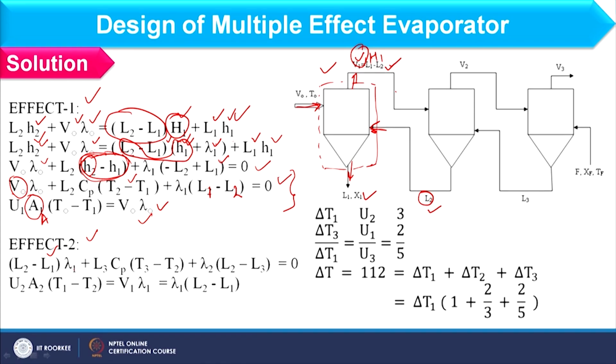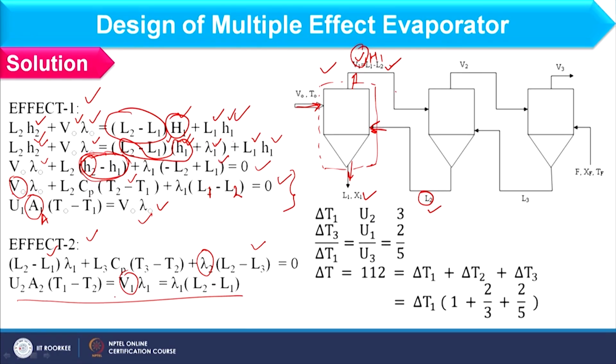So, (L2 minus L1) lambda 1 plus L3 Cp (T3 minus T2), because L3 is the feed to this, and similarly I am having lambda 2 (L2 minus L3), right. And that should be equal to 0, and this is the rate equation, okay, where I have to consider L2 minus L1 at the place of V1, right.